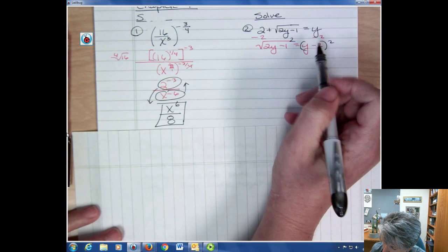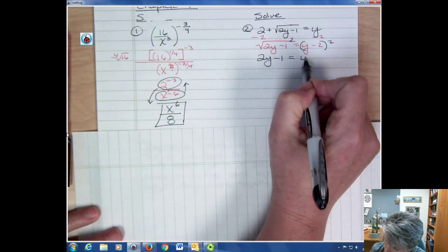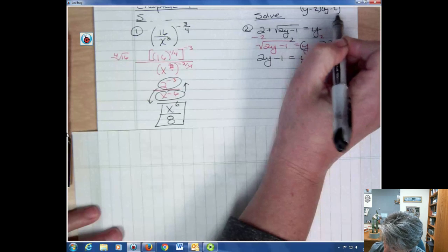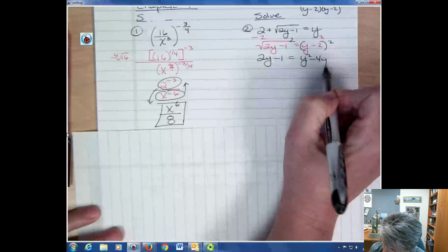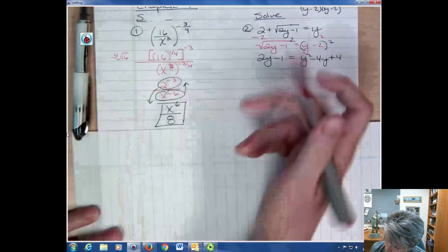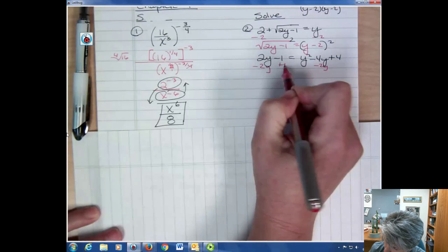So that's going to be 2y minus 1 equals, and this thing FOILed out. And by now, you should be comfortable with the FOIL method. y squared minus 4y plus 4. Now I'm going to move those to the same side by subtracting 2y and adding 1.